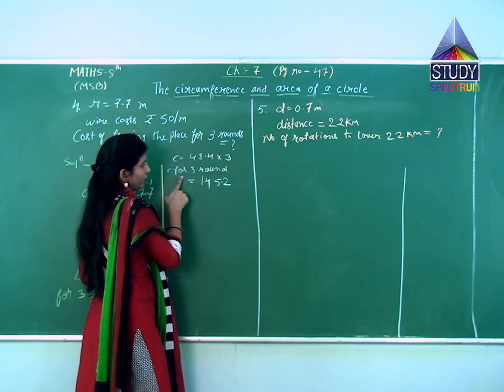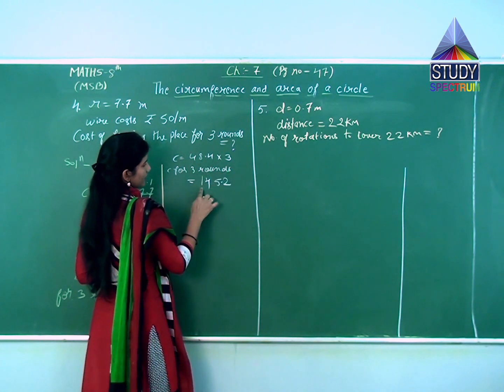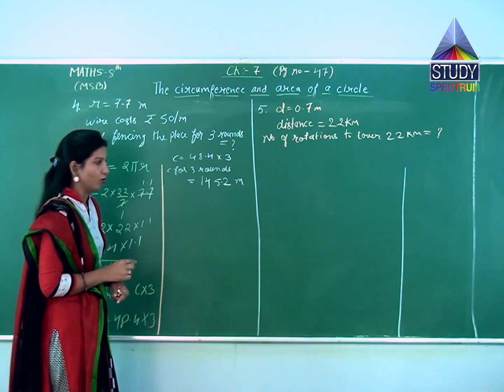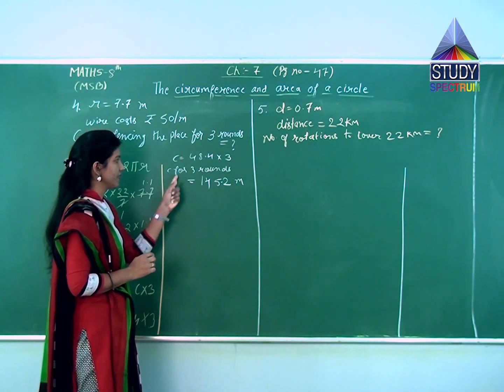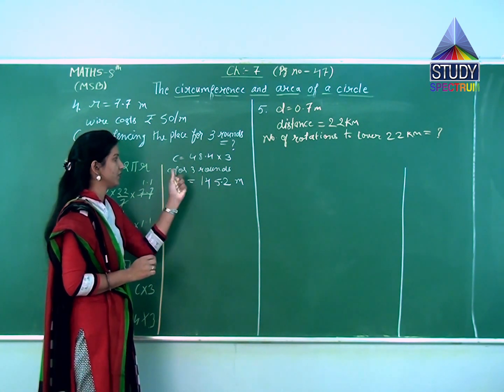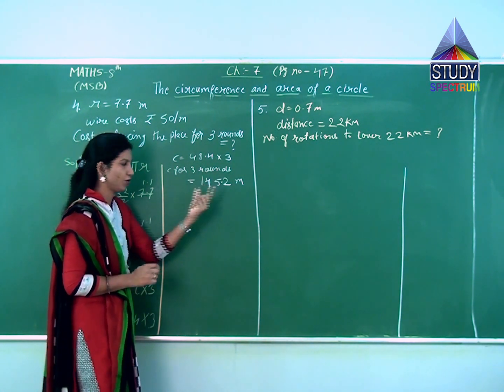So the circumference for 3 rounds is 145.2 meters. Now we have to fence this circular place with circumference for 3 rounds 145.2.